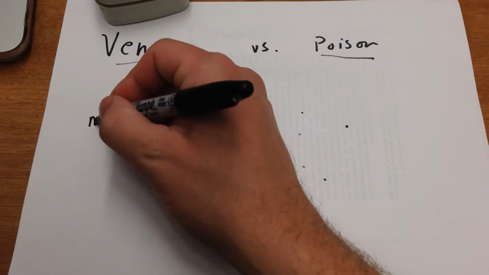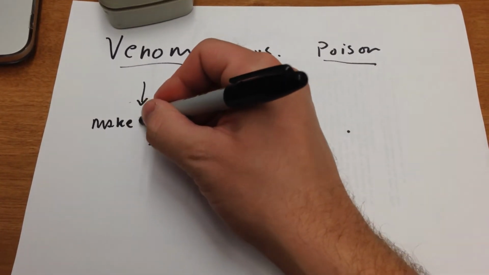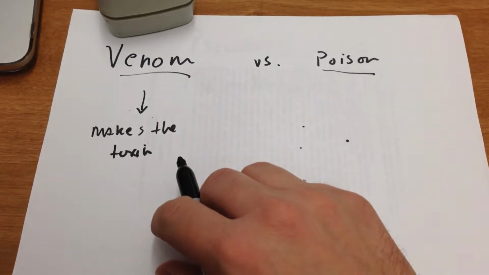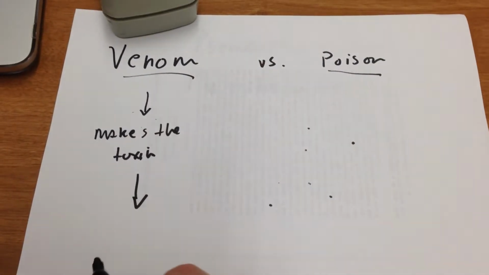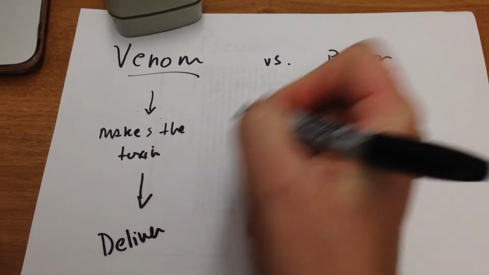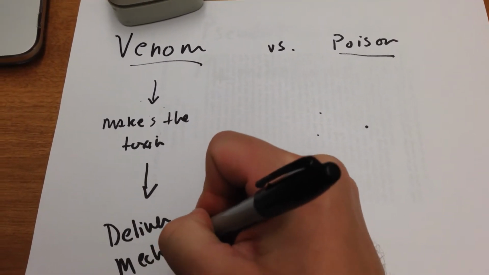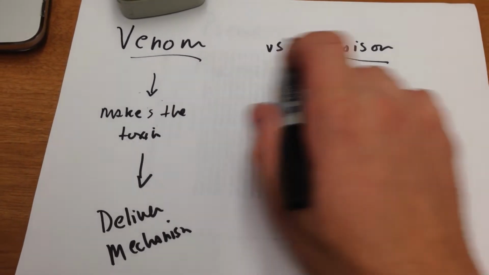If I call something venomous, what that means is that the creature makes the toxin, so it has a mechanism for producing the toxin, and then most importantly, there is a delivery mechanism in place, and that is really what separates venomous from poisonous.